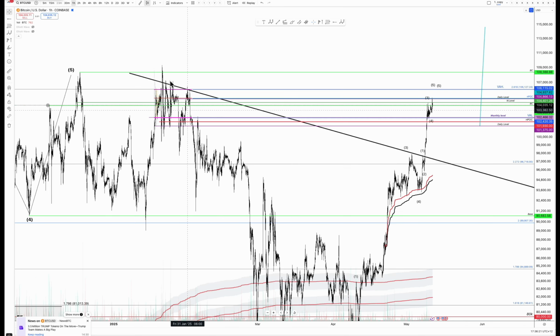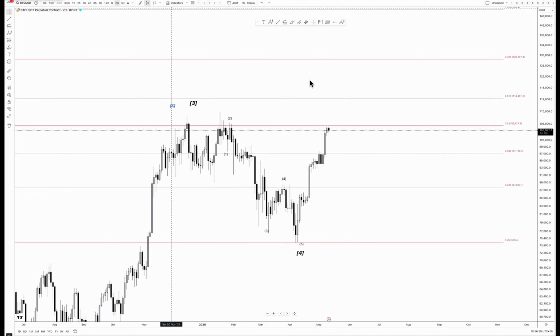We'll get our point of control, like the daily point of control, right here as the resistance. We've got the value area high up there. That value area high is at 106,000, and if you look back to the other one, this is 105,471. So I'm going to grab that 105,471 and just chuck it onto this one.